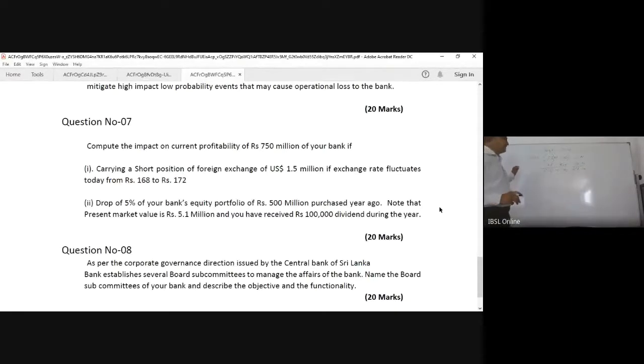So the rupee has depreciated and the dollar has appreciated. Now we have to pay 4 rupees more for each dollar, and as a result we have a higher debit balance in our balance sheet. The difference is 6 million rupees. We call it forex loss.